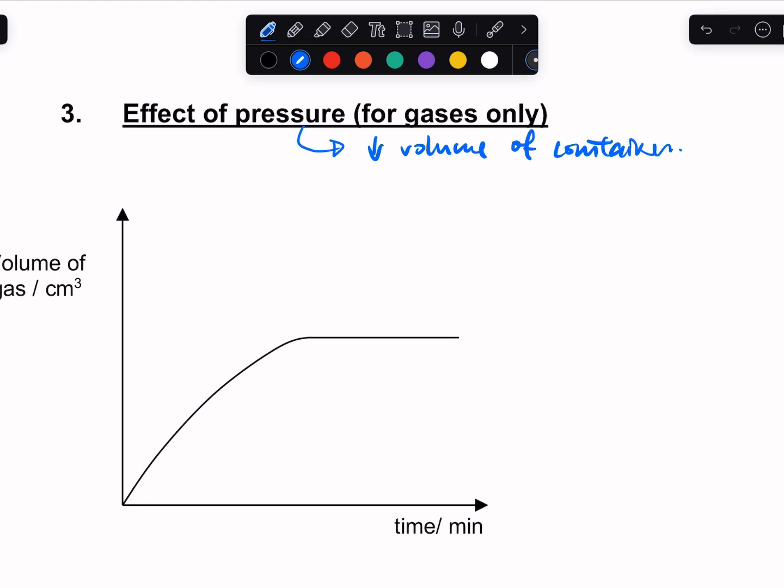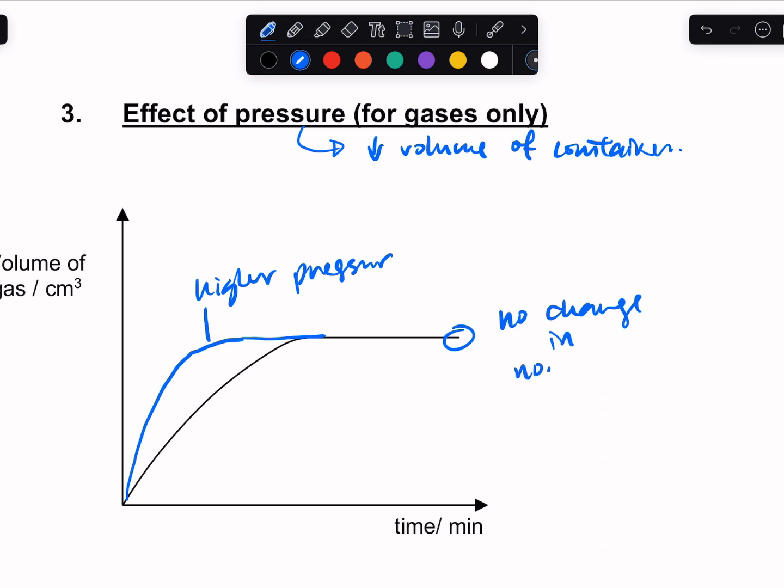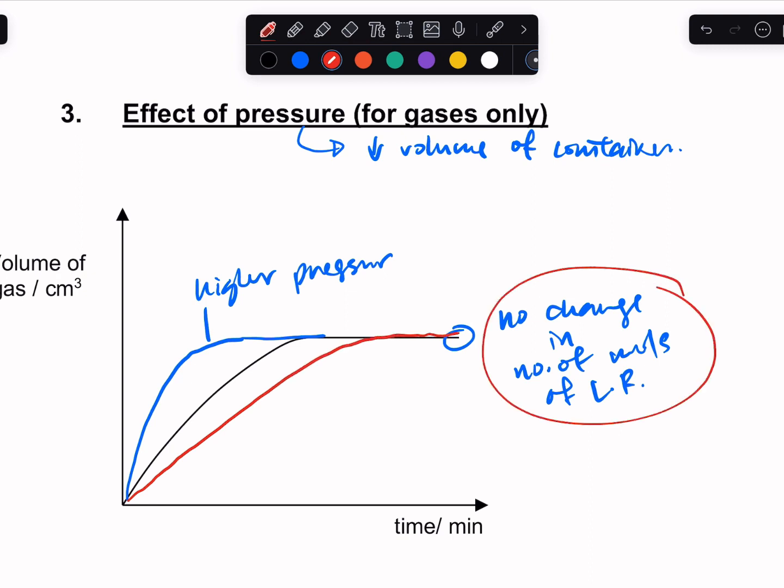So we didn't change the number of moles of anything. Hence, if you increase pressure, the particles are closer together, they react faster, collide more frequently. Higher pressure. Okay, and it ends at the same point, because no change in number of moles of limiting reactant. If I were to reduce the pressure, you start out gentler and then end at the same point, because again, no change. Lower pressure.